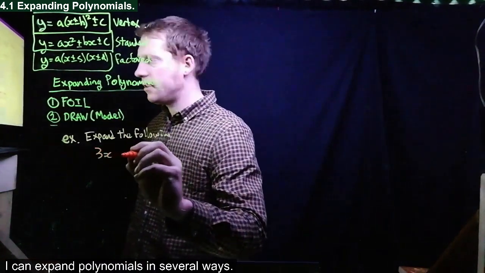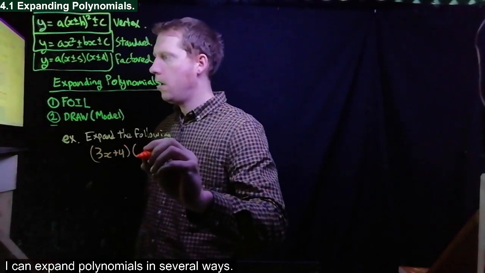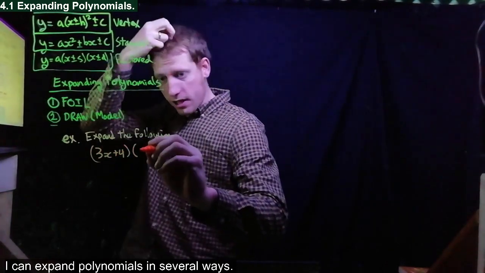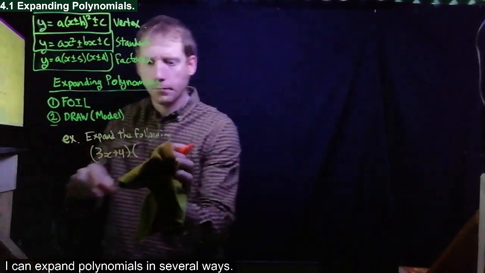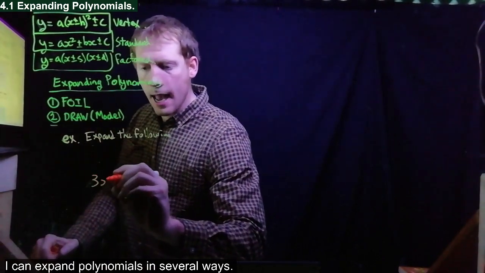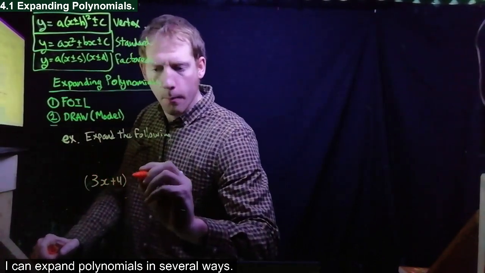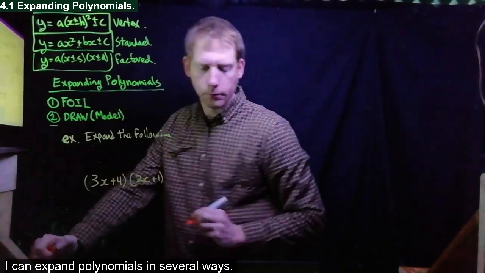Okay, I need to move him down because I need to label him. 3x plus 4 multiplied by 2x plus 1.